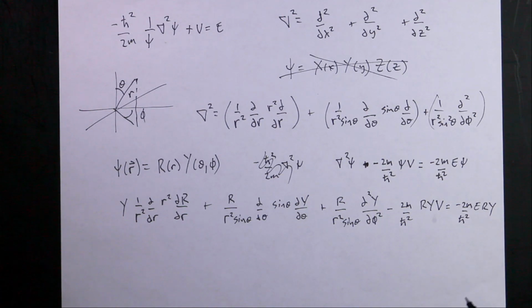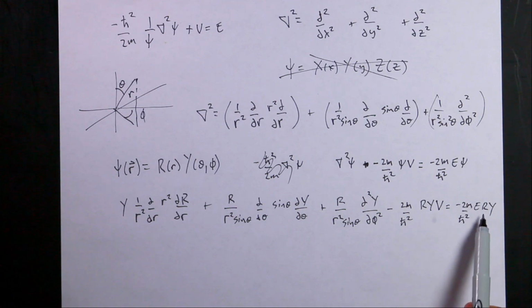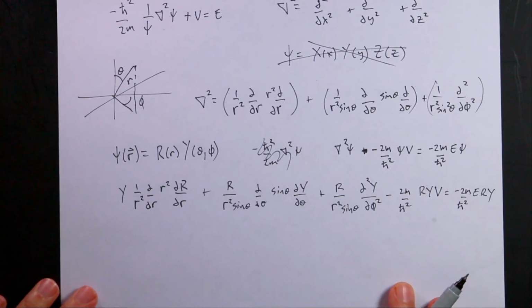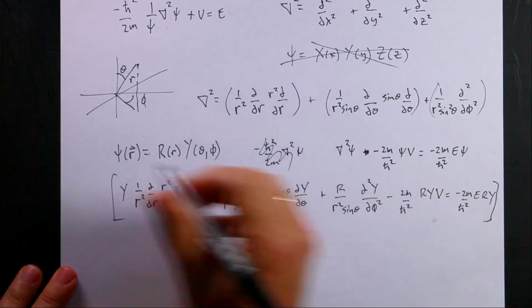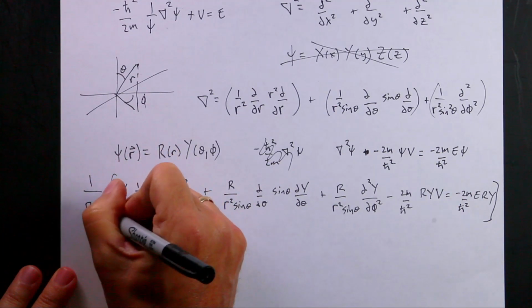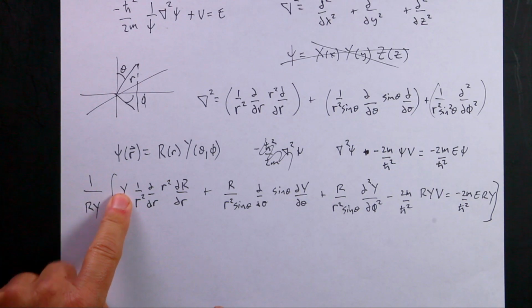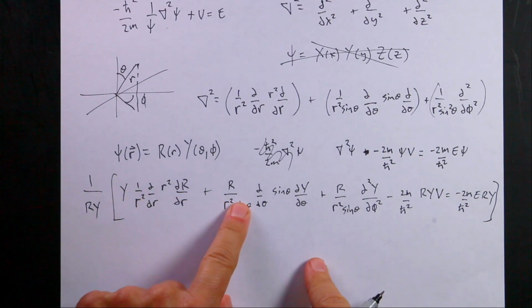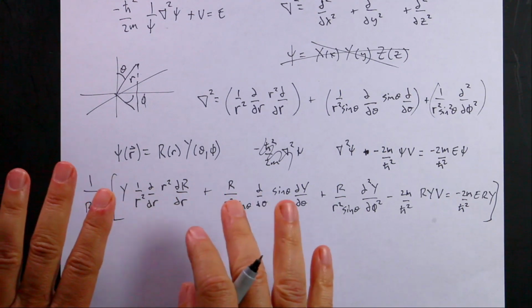Now, just as before, the next trick is to divide both sides by ry. So let's put this as parentheses, 1 over ry. Actually, no. If I do that, I'm going to get rid of this y. That's good. But right over here, I'm going to get rid of the r, but I'm going to have an r squared. And I want to get all the r's with one term.